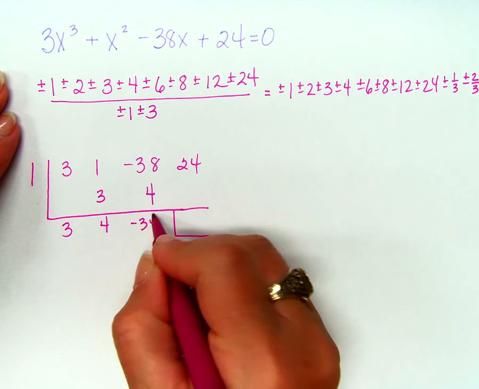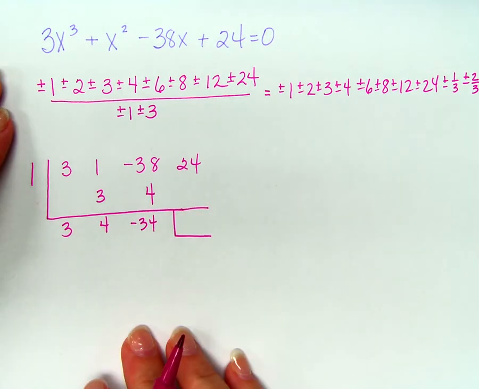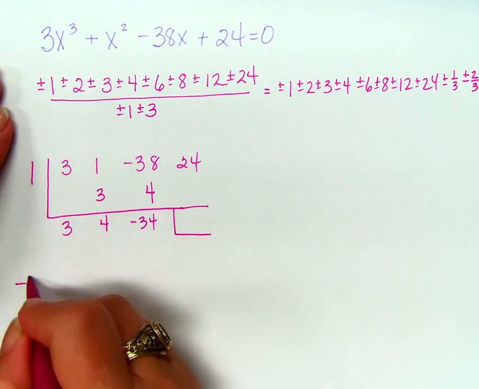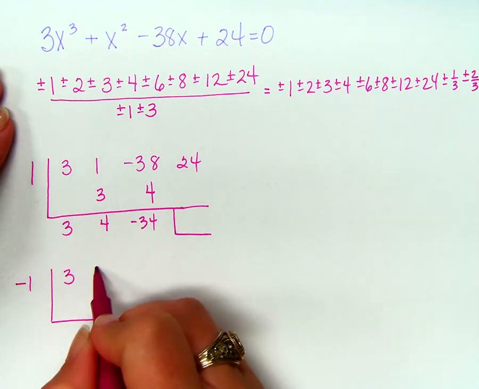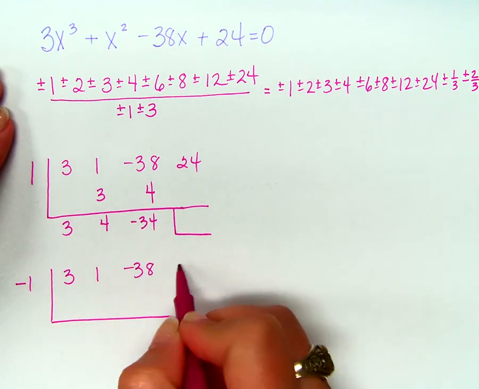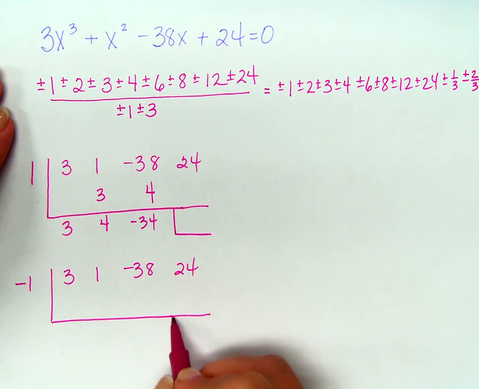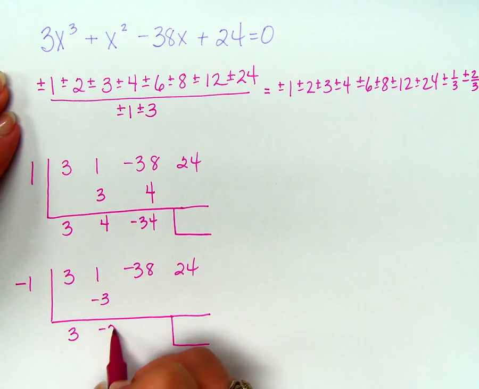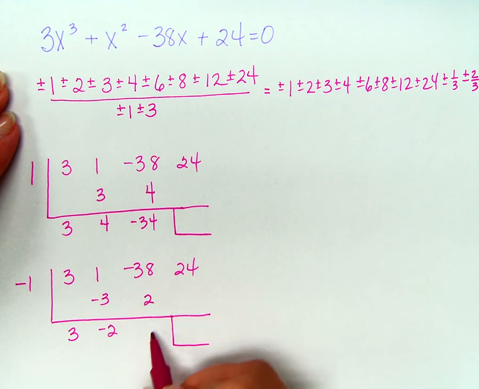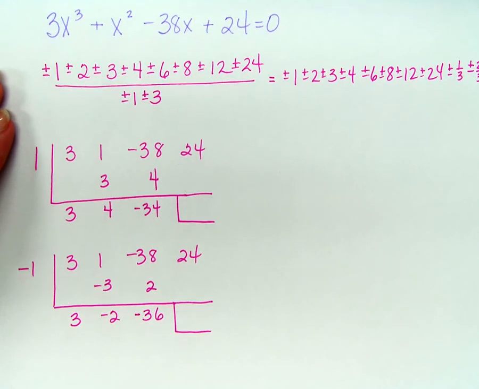Negative 34 is definitely not going to give me something I need. Negative 1. 3, 1, negative 38, and 24. 3, negative 3, negative 2, 2. Uh-oh. Still nothing I need, right?